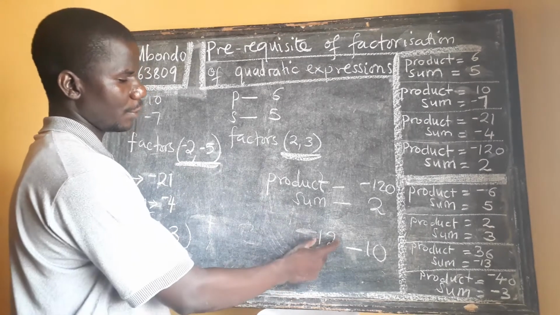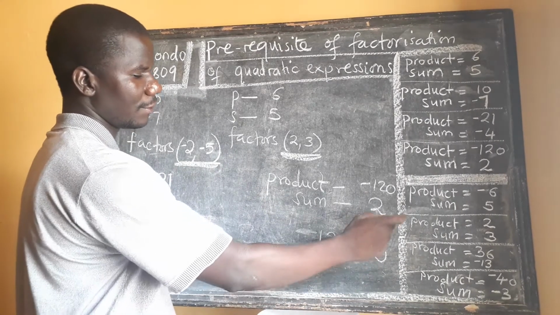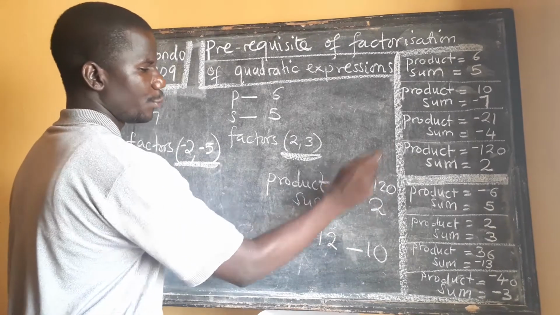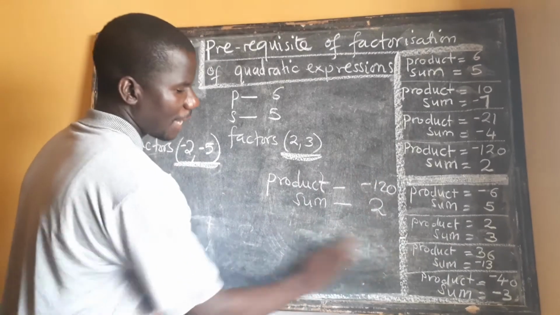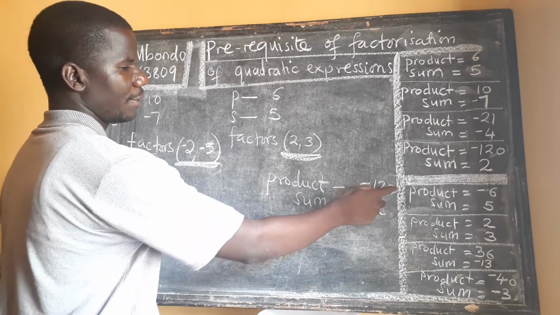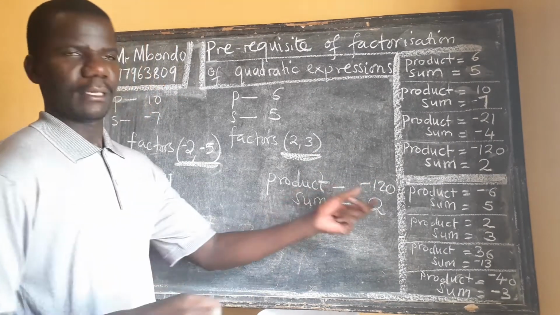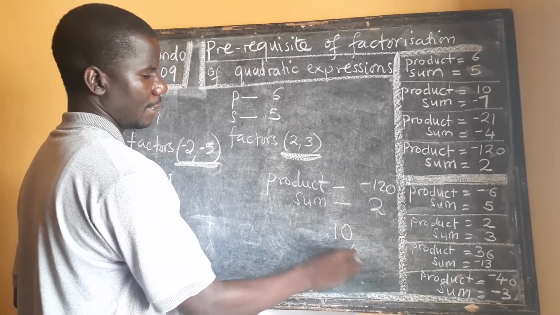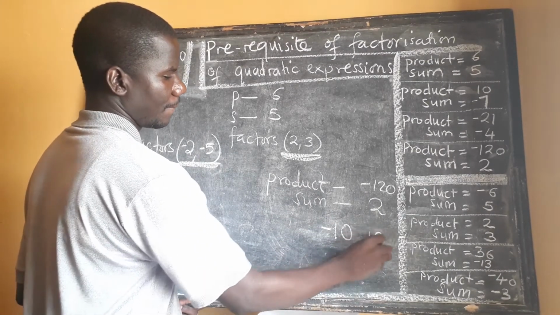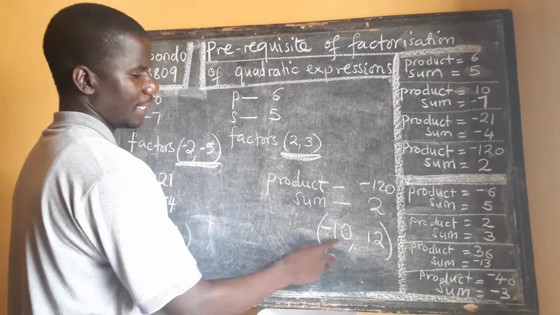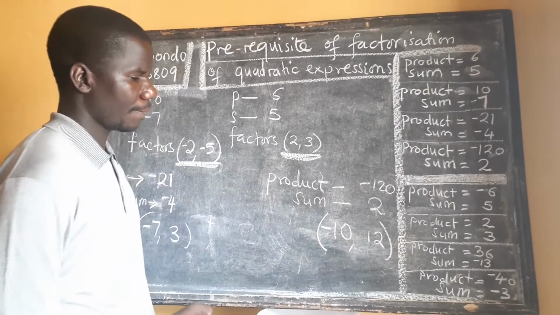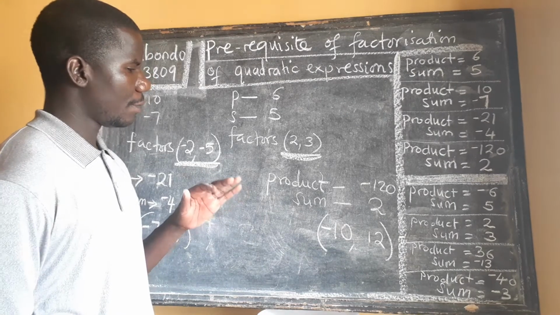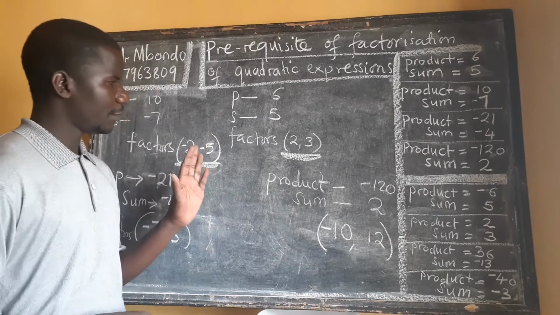When we are adding 12 plus negative 10, it is the same as 12 minus 10, which will give us 2. So the factors of this product that will give us this sum are negative 10 and 12. That's all.